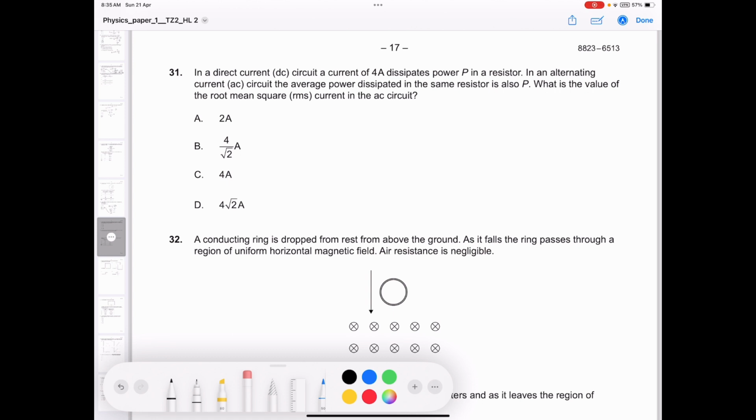If the average power dissipated in the same resistor is also P, then the effective current must be the same. Therefore, the current is 4 amps because the root mean square current in the AC circuit is the equivalent current. So the answer is 4 amps, C.